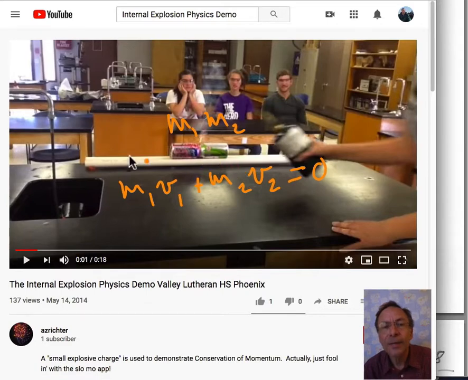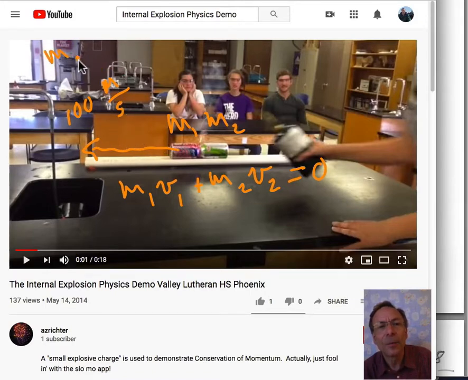Let's say that we measured that this thing went off at maybe 100 meters per second. And let's give them a mass: say they both have a mass, m1 equals m2, equal to 0.2 kilograms.